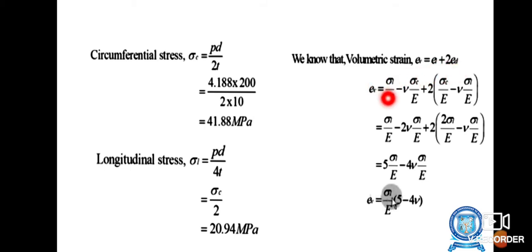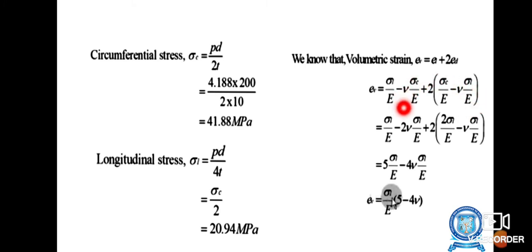Okay, so we can apply the lateral strain formula: sigma L divided by E, that is longitudinal stress divided by Young's modulus, minus mu, that is the Poisson ratio, sigma C, that is hoop stress, divided by E, plus 2 into bracket sigma C divided by E minus mu sigma L divided by E. So that is the explanation of the formula.